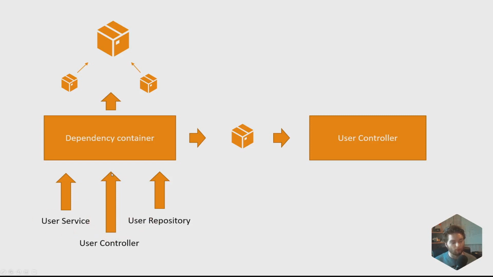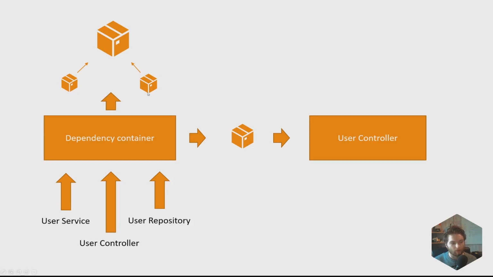But now in our dependency container, we can say, hey, dependency container, I want you to assemble packages. So let's say one package would be the user service and the user repository. Because like in part 1, we said that the user service has a dependency on the user repository, right? So what if those two could be one package? So if you look at this, let's imagine this is our user service and this is our user repository.